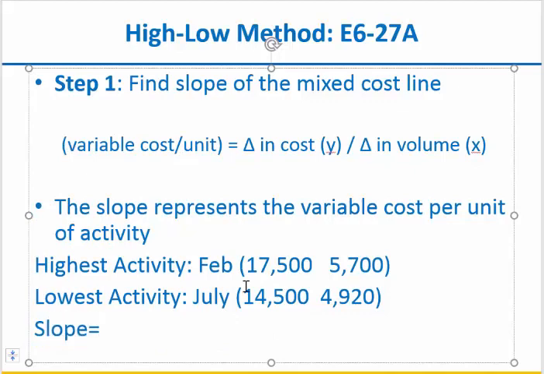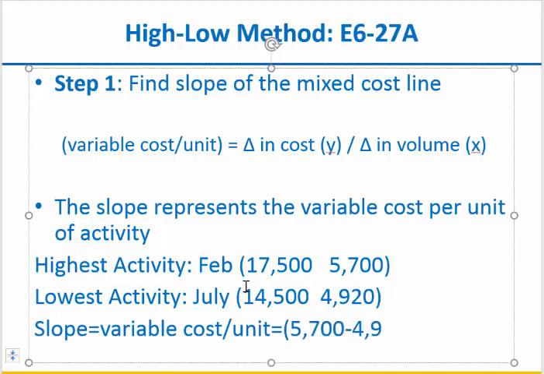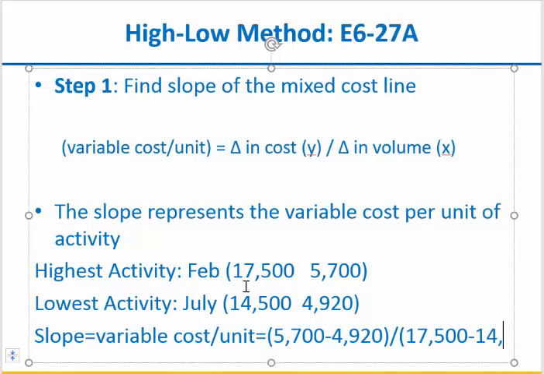So the slope, which is essentially the variable cost per unit, is nothing but the difference in cost divided by the difference in volume. So I'm going to use 5,700 minus 4,920, divided by 17,500 minus 14,500.